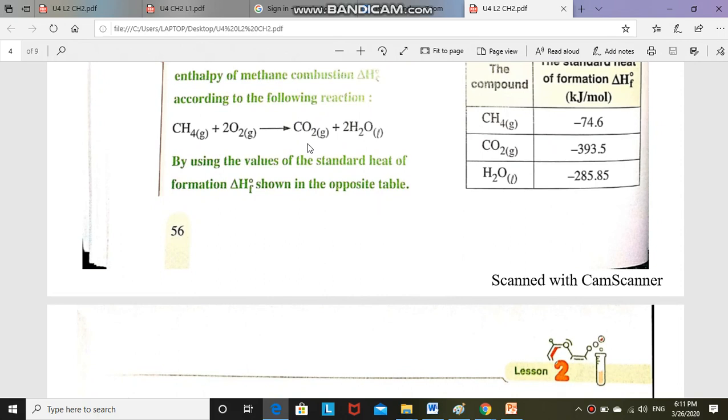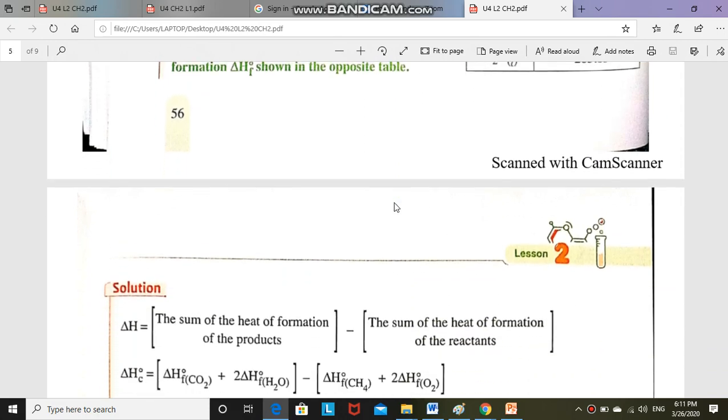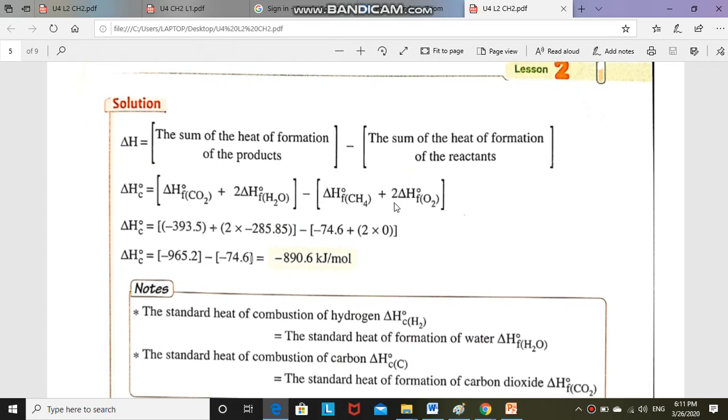By using the values of the standard heat of formation in the table, delta H equals the sum of heat of formation of products minus the sum of heat of formation of reactants. So delta HC equals delta H formation of carbon dioxide plus 2 delta HF for water minus delta HF for methane plus delta HF for oxygen.